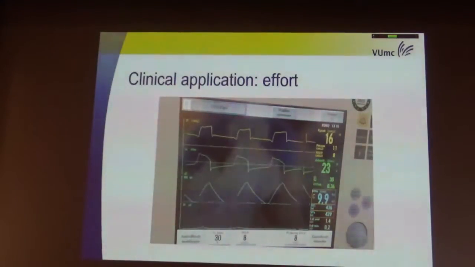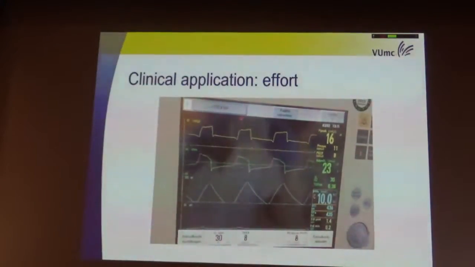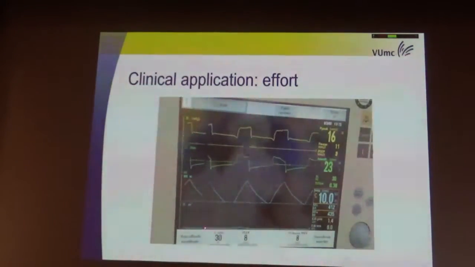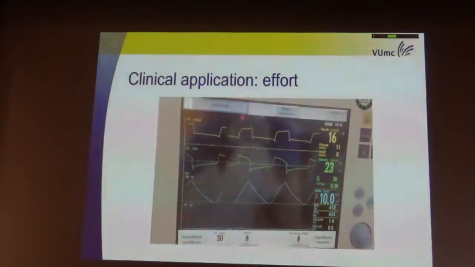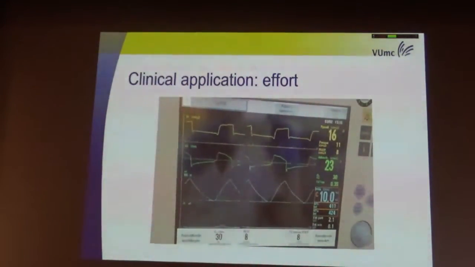Now there are some problems with the video, but as you can see here, there's no activity of the diaphragm at all. So despite the fact that the level of support is relatively low, there's no activity of the diaphragm at all.